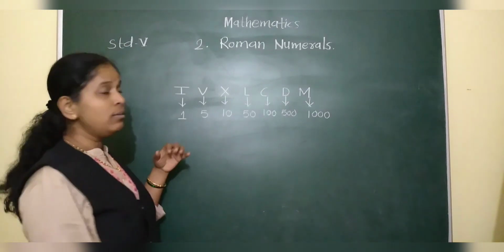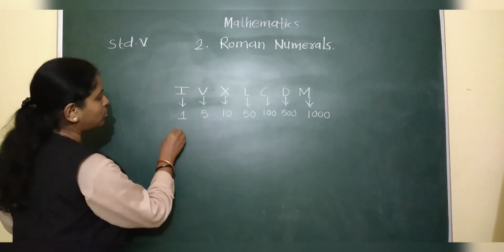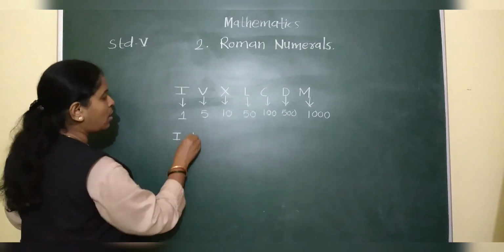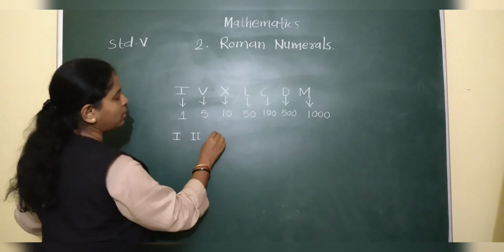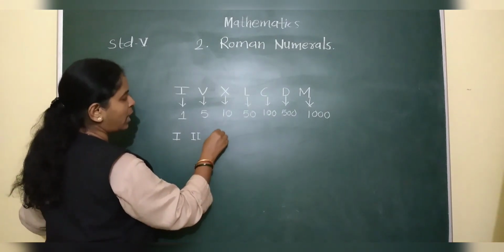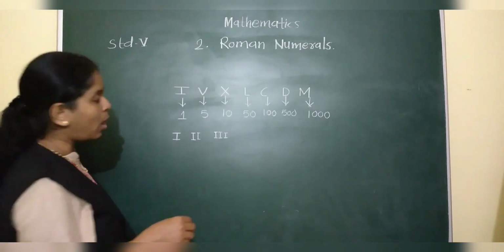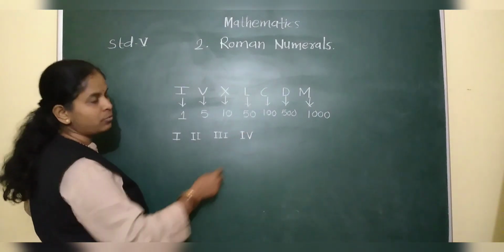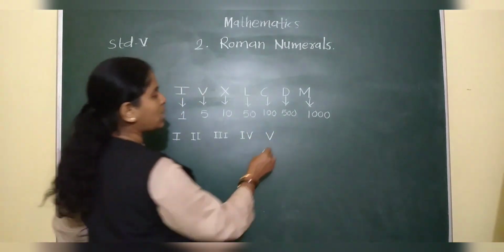Before that, in 4th standard, you might have learned I means 1, then how to write 2? I plus I, 2 times I means 2. Then 3, 3 times I means 3. 4, how to write? I, V. And 5 means only V. 6, how to write?